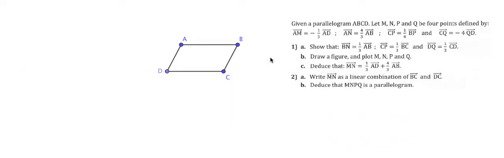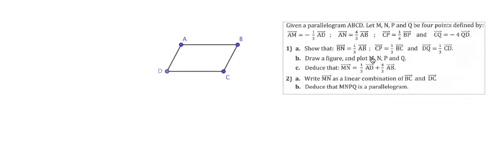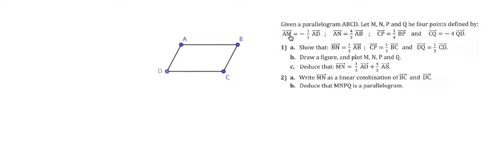Next, we have to draw the figure and plot the points M, N, P and Q. How to plot point M? We have vector AM by given equal minus a third AD.